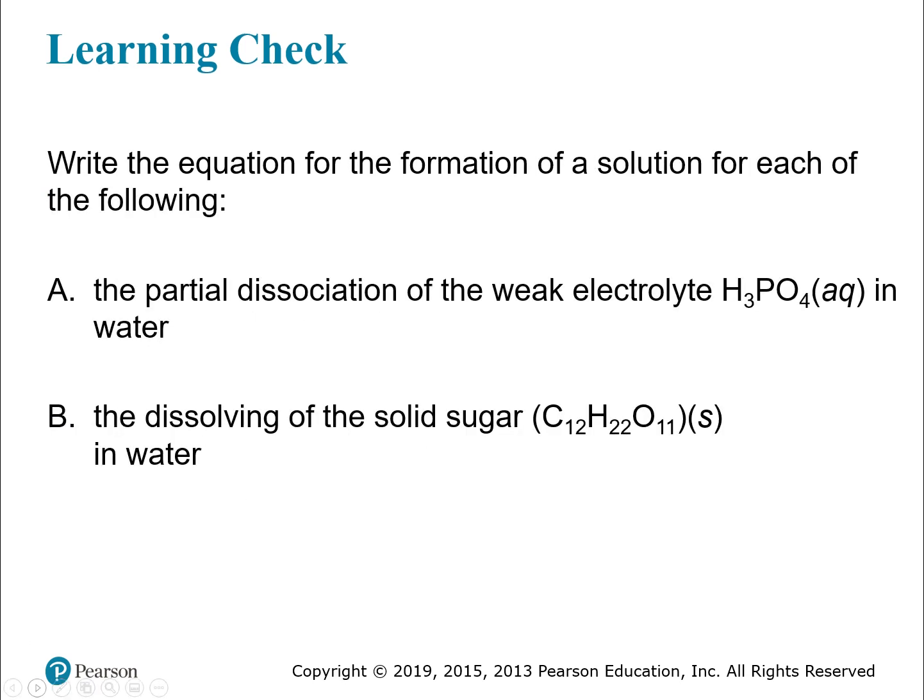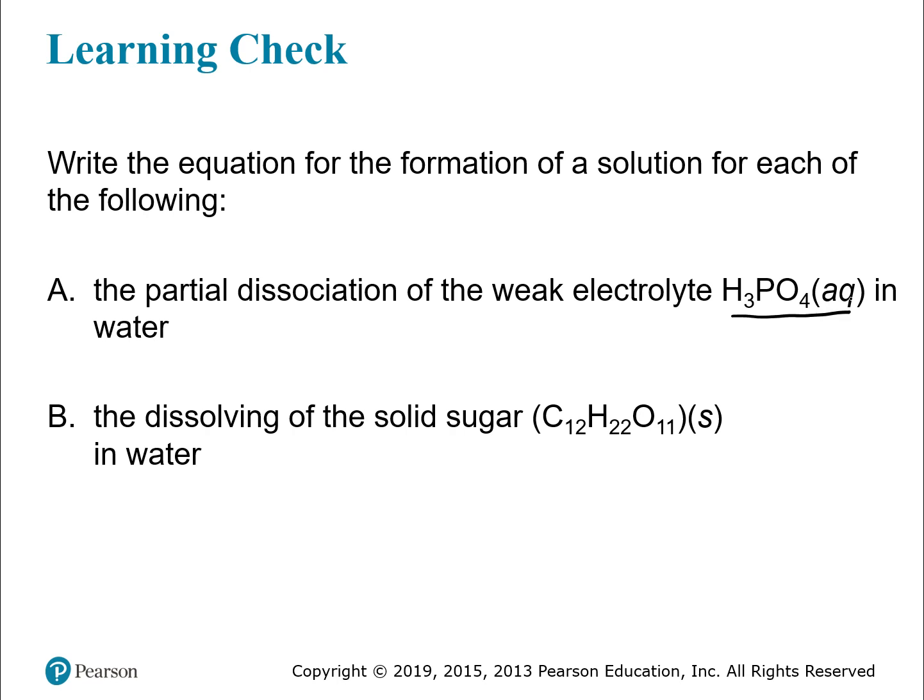Now we're going to write some equations. Write the equation for the formation of a solution for each of the following. We have the partial dissociation of a weak electrolyte, which this is an acid, phosphoric acid. Partial dissociation means that it's not going to come completely apart. So there are 3 hydrogens here.